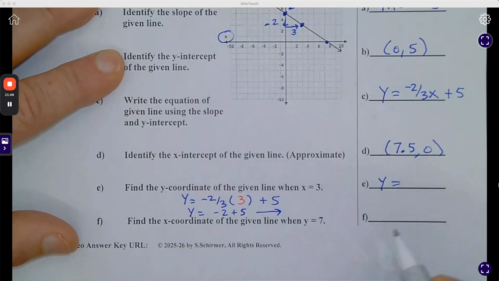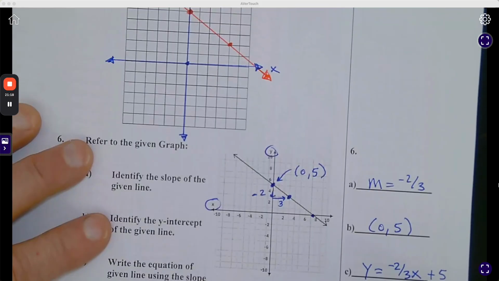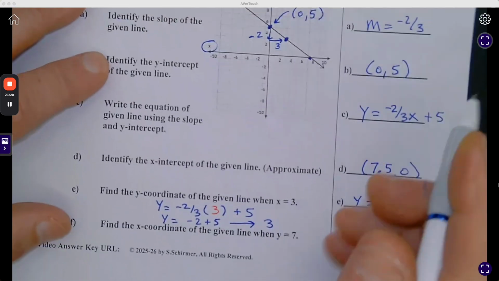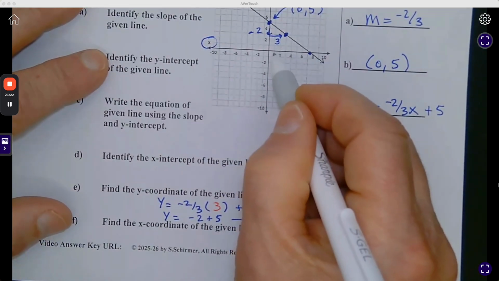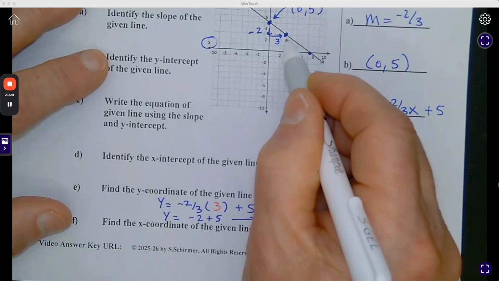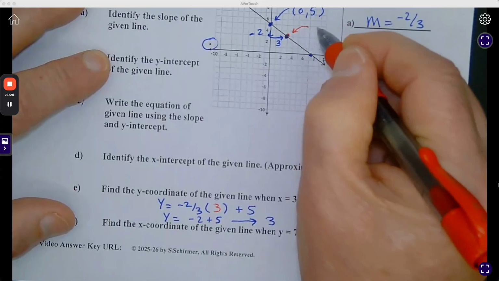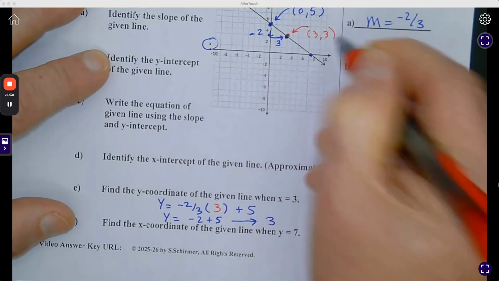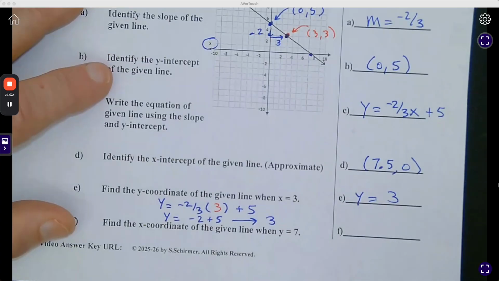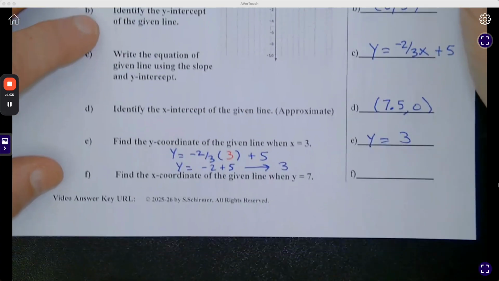Well, what is -2 + 5? 3. That's right. There it is. And we can check to see if it works, right? If I go up to my graph, I can go (3, 3). So notice if I go 1, 2, 3, 1, 2, 3, right there. So I know that worked. (3, 3). I love that. You can check everything with these problems.